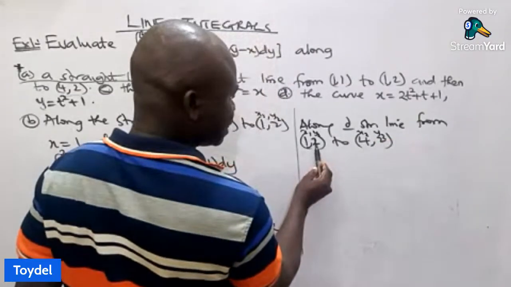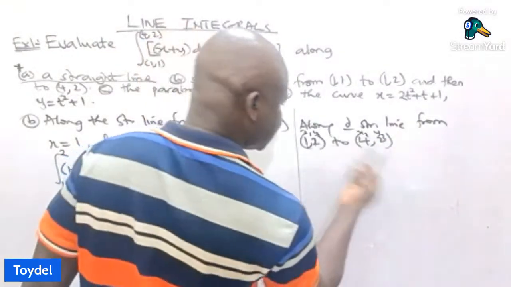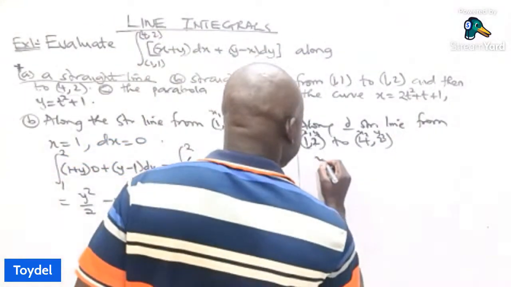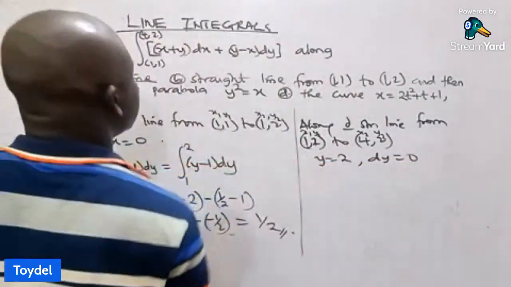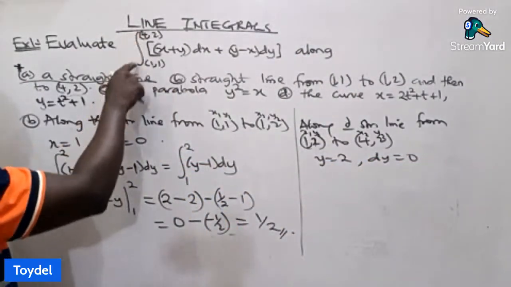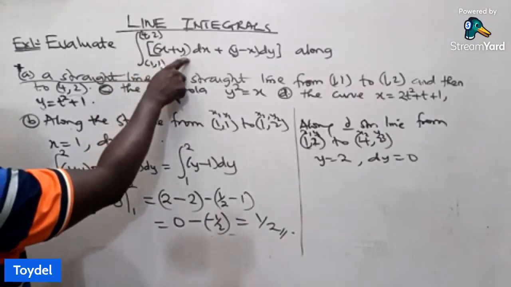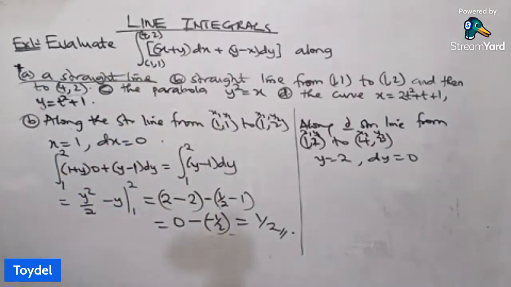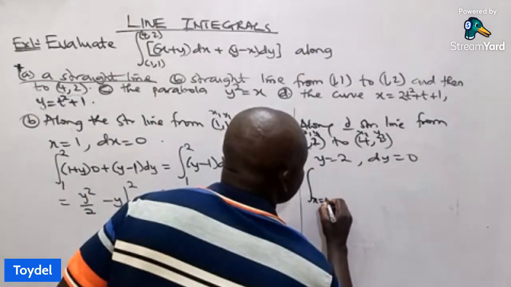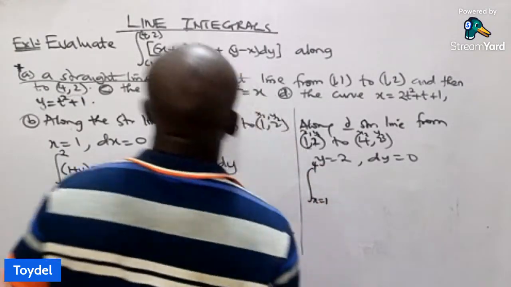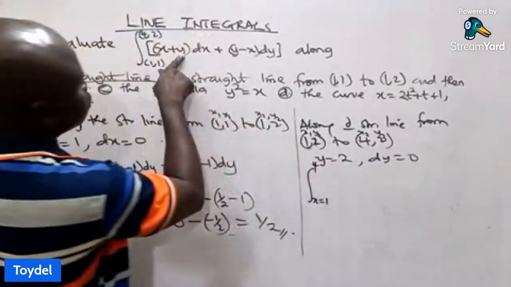You realize that y1 and y2 are the same, so if y is equal to 2, then dy will be 0. We go back to this place, use the value of x, and substitute for the value of y. We are going to have the integral, x from 1 to 4, and wherever we see y, we change it to 2.